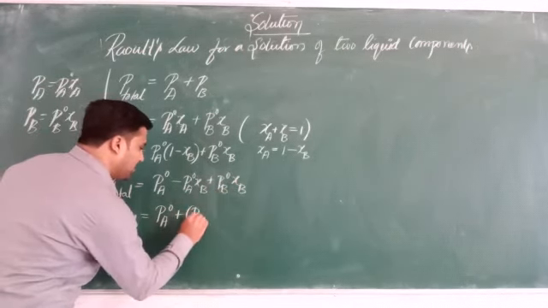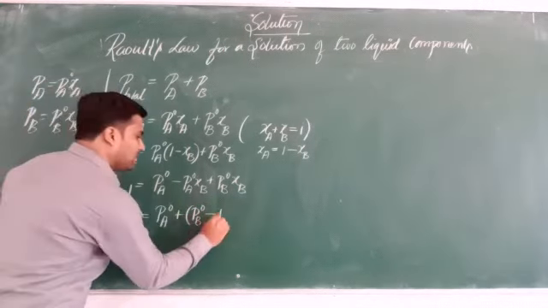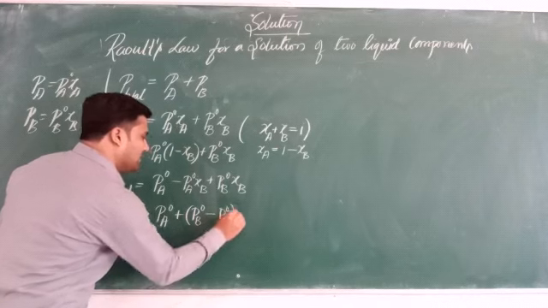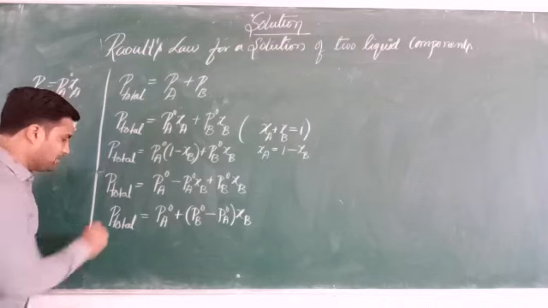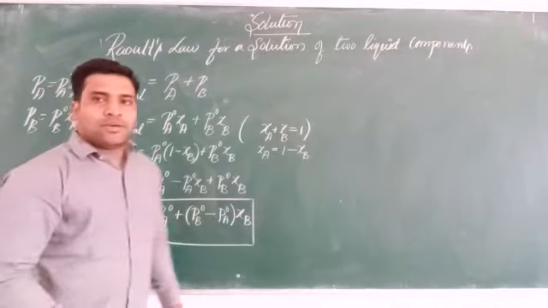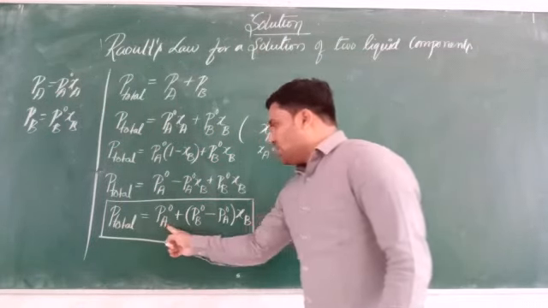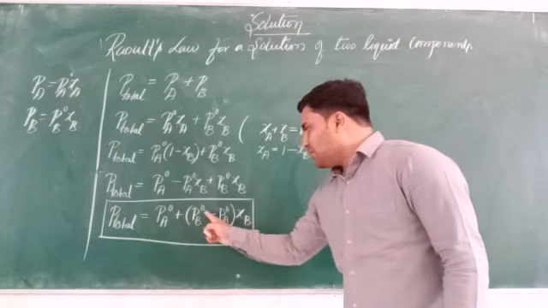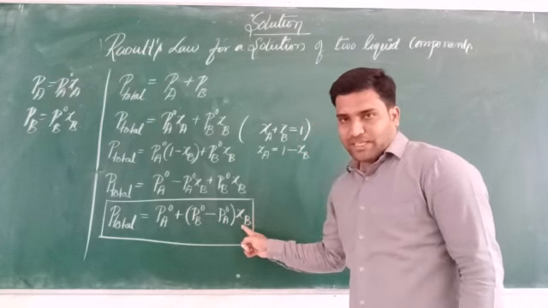That is PB naught minus PA naught into XB, that is mole fraction of component B. So this is P total, that is vapor pressure of a total solution, is equal to PA naught plus (PB naught minus PA naught) into XB, that is mole fraction of component B.